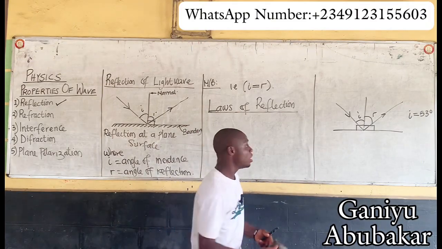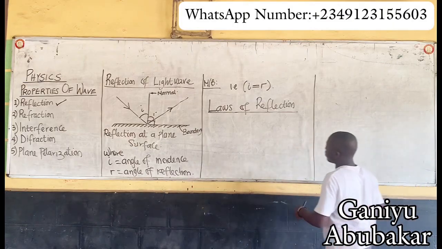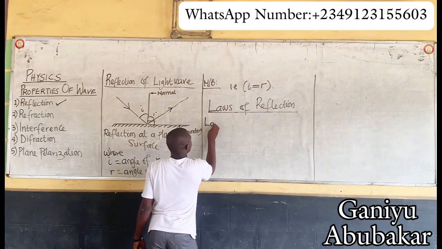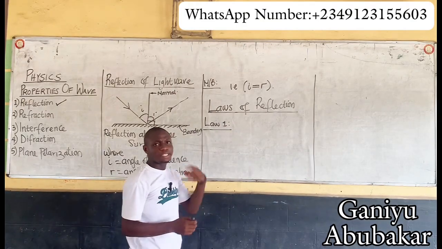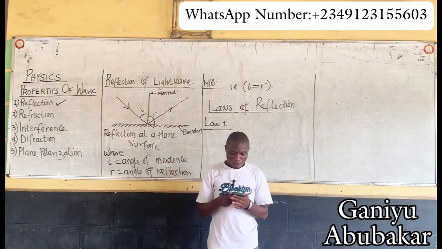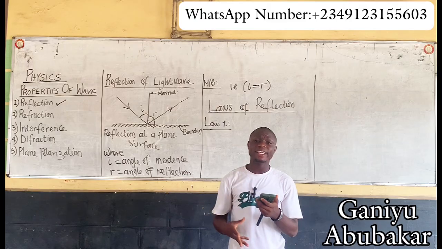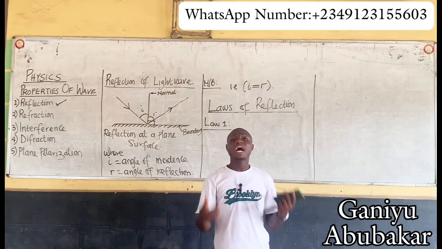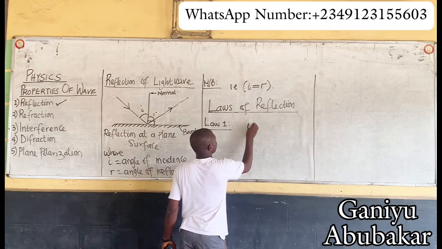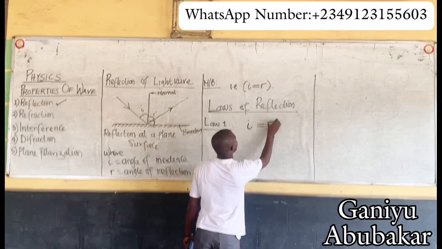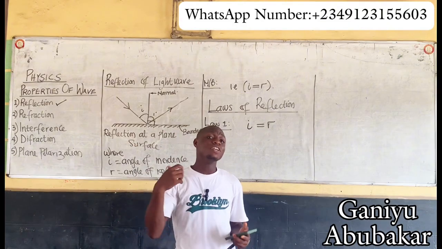Let's look at them one after the other. Law one says that the angle of incidence is equal to the angle of reflection. That's law one of reflection.